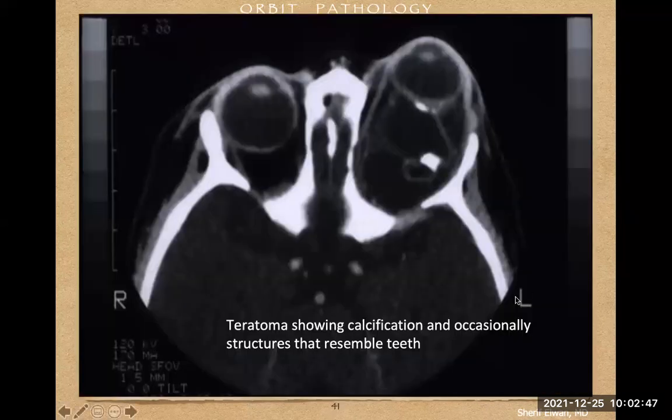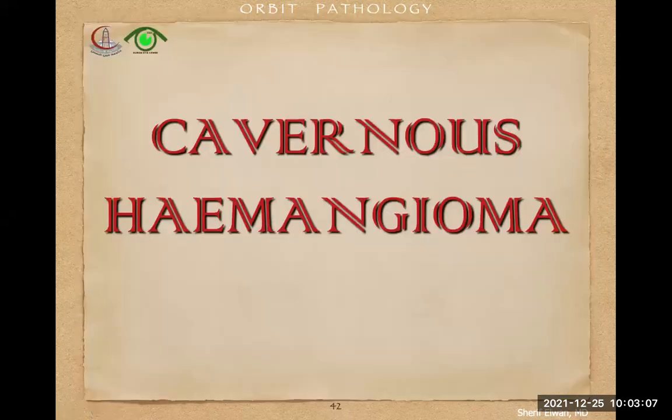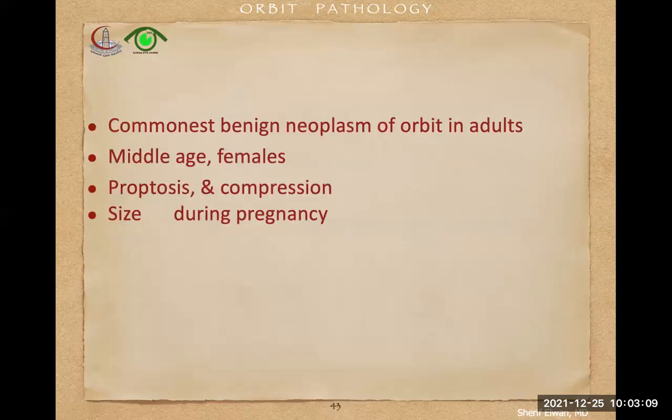And this is an example of a big teratoma showing a tooth or tissue that resembles a tooth. And it is a very big but benign teratoma. Malignant teratomas are known to occur in the gonads, in the testis and the ovary. Now, cavernous hemangioma, which is a hamartoma, which means anomalous tissue formation that is usually present in the location.